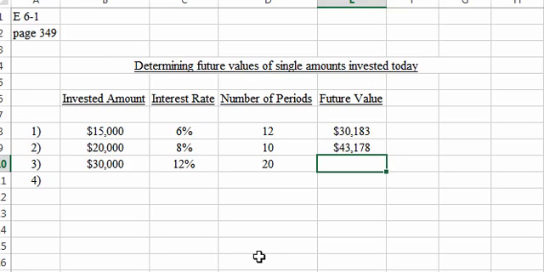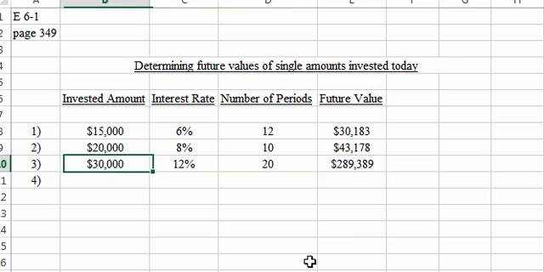We get 9.64629. And we're going to multiply that by our amount invested, 30,000. Now we'll see how much that grew. If you can invest 30,000 today at 12%, not touch it for 20 years, at the end of 20 years you would have $289,389.